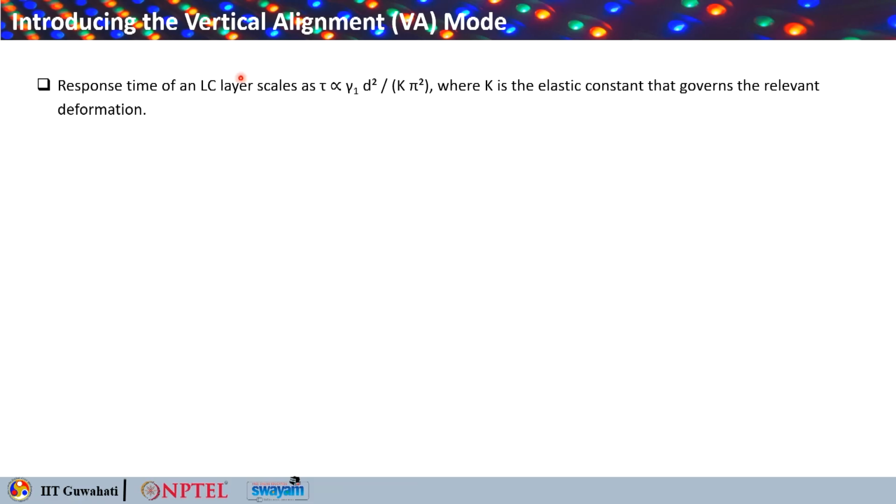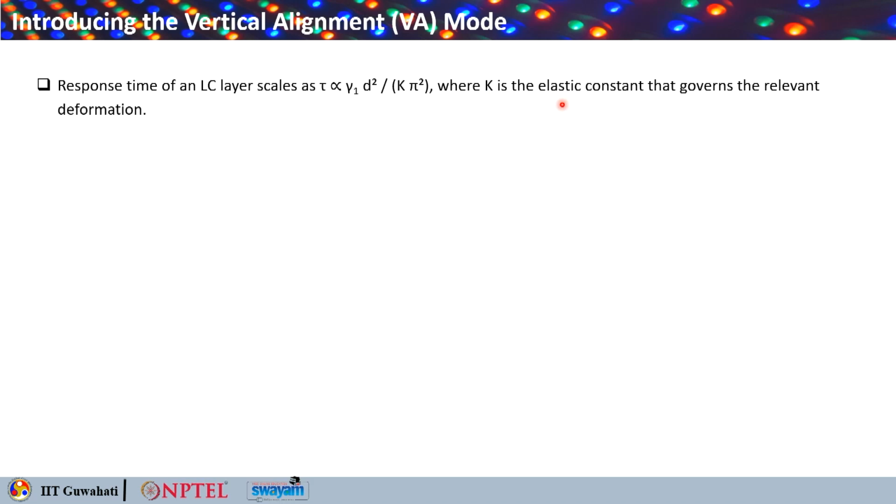So now let us focus more on the response time of this liquid crystal layer, which scales as tau proportional to gamma 1 d square divided by K pi square. Here you can see these are all generic constants, you already know that.